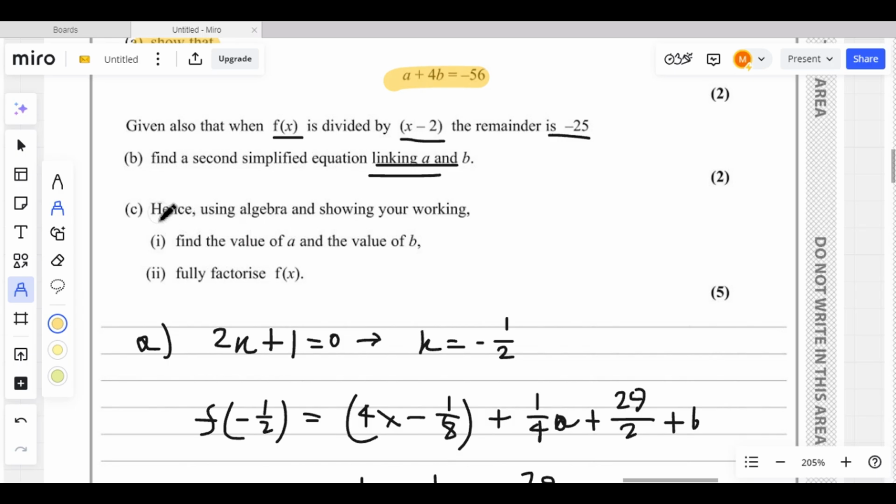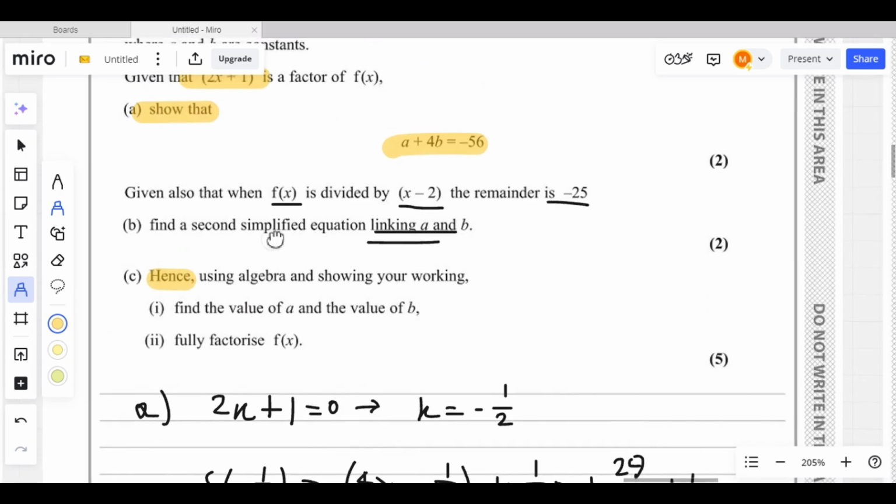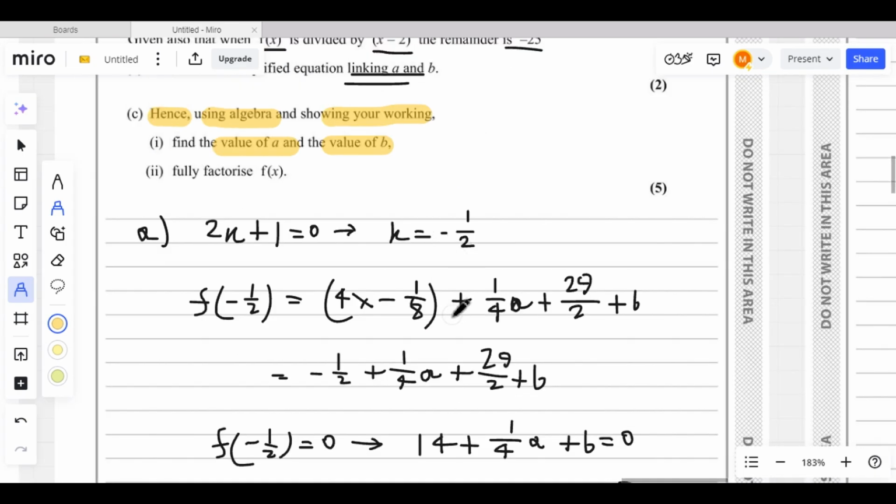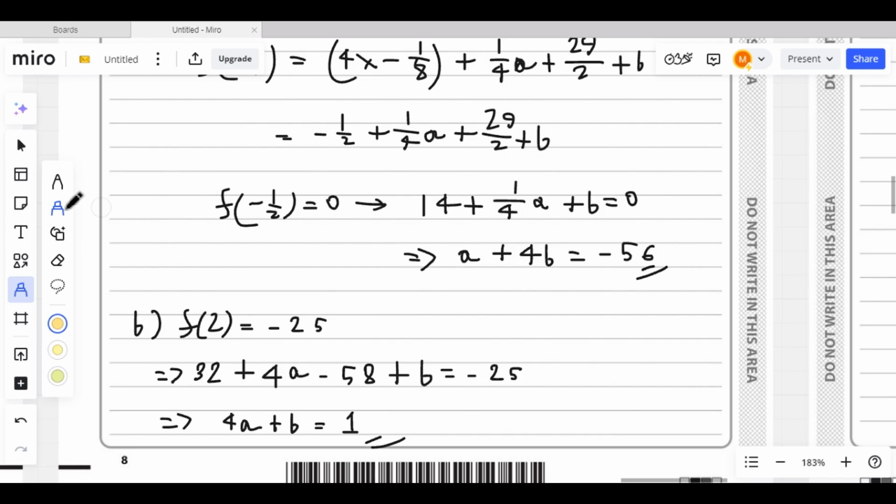Okay. So for part c, hence, they said hence. That means we need to use the previous workings, using algebra and showing your working, to find the value of a and the value of b. We got two simultaneous equations. One is a plus 4b and the other one is 4a plus b.